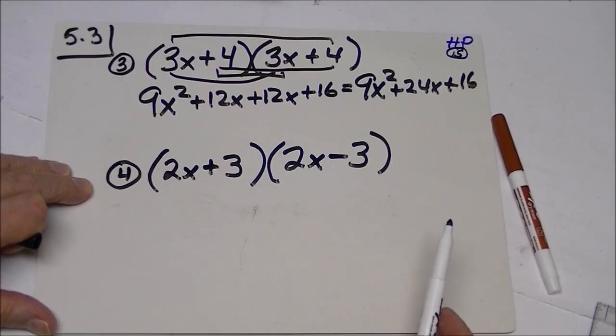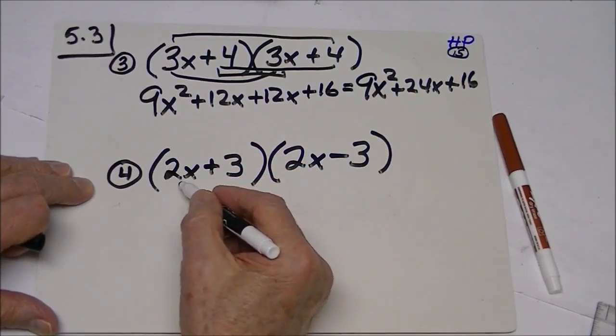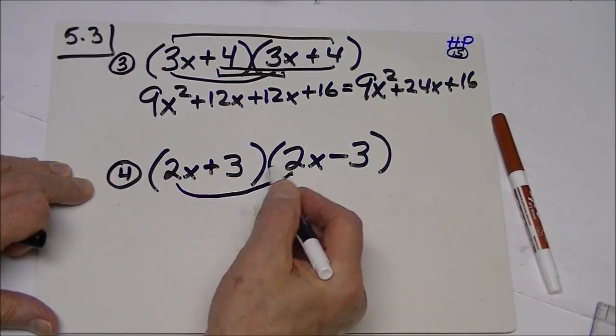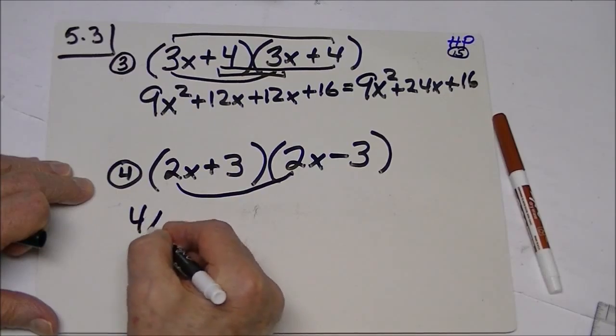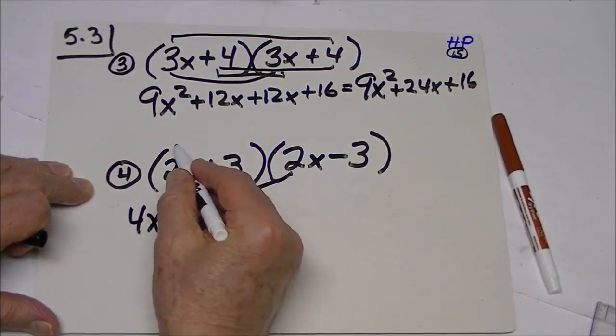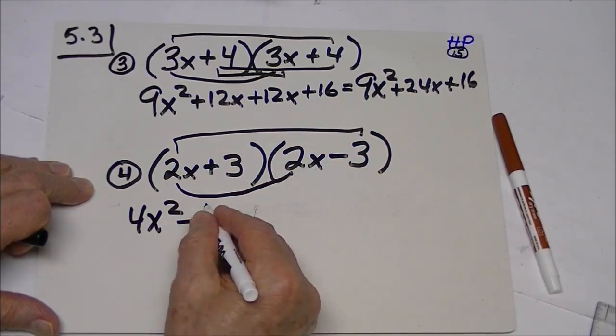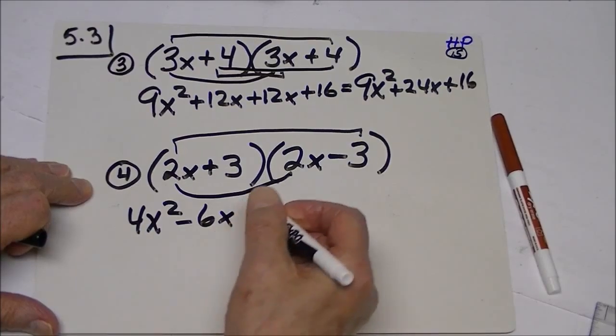All right, let's pause again. When we do the first term, we get 4x squared. When we do our outers, we get a negative 6x.